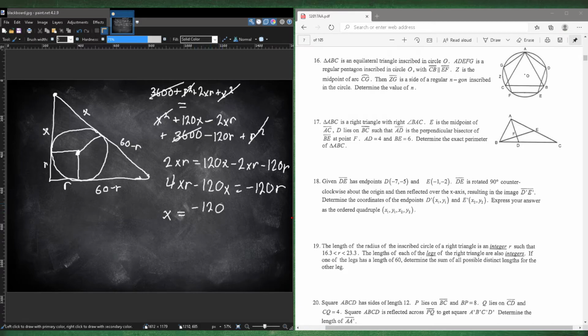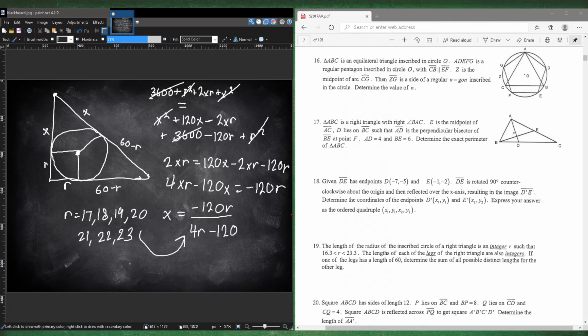So x is negative 120r divided by (4r minus 120). All we have to do is plug in values for r. Remember, r is between 16.3 and 23.3, and r is an integer. So r is equal to 17, 18, 19, 20, 21, 22, or 23.